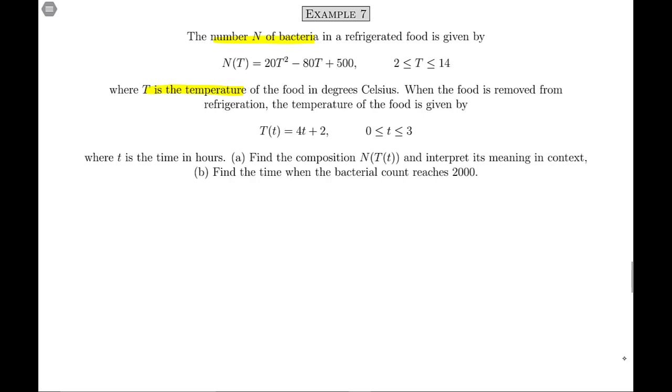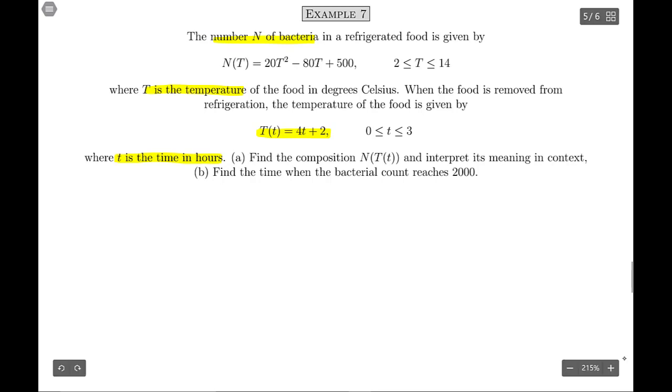So when the food is removed from refrigeration, the temperature of the food is given by this function. T of t, and that's lowercase t, is equal to 4t plus 2, where t is the time in hours. First of all, A, find the composition N of big T, little t, and interpret its meaning in context.